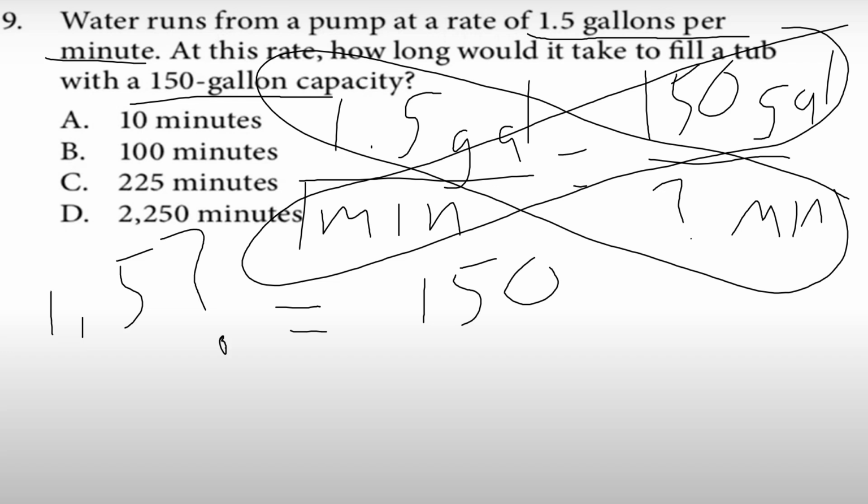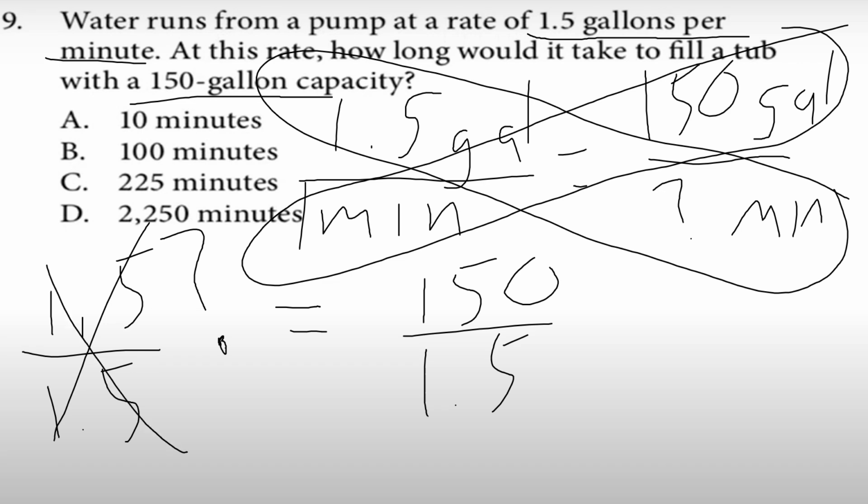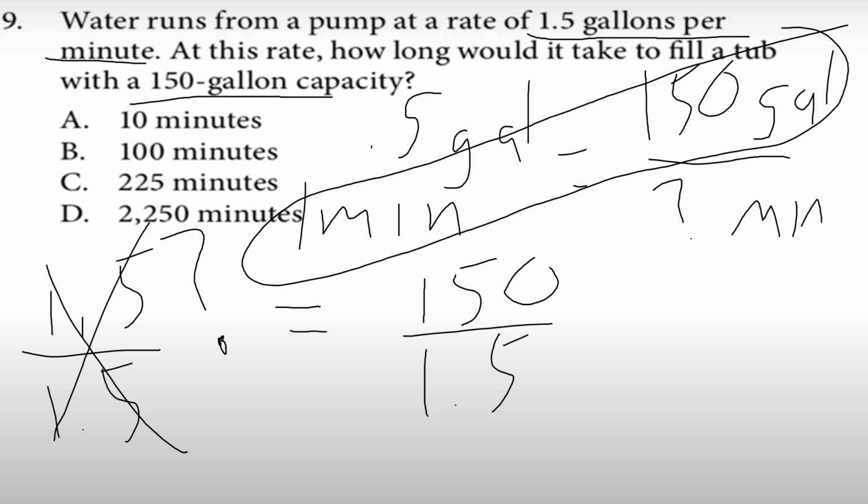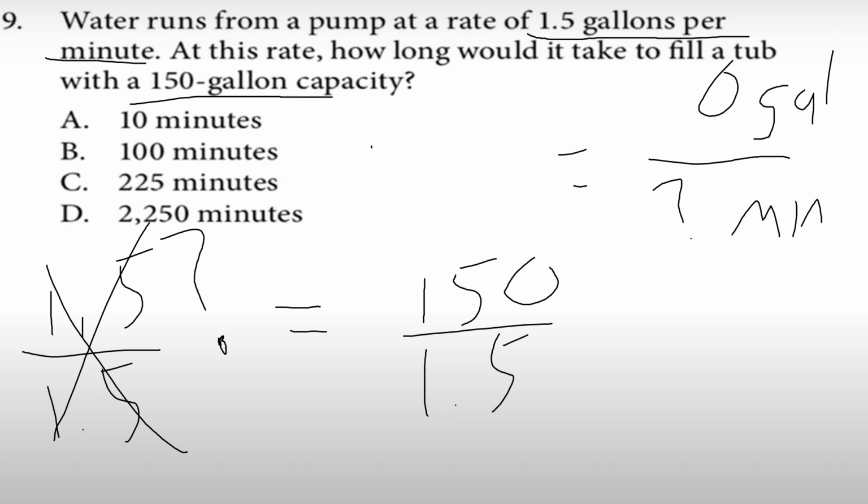The question mark needs to be on the side by itself. To do that, we have to divide both sides by 1.5. So 1.5 here, 1.5 here. This cancels out, so that just leaves question mark equals 150 over 1.5. I need a little bit of space to do this math, so I'm going to erase some of these notes.